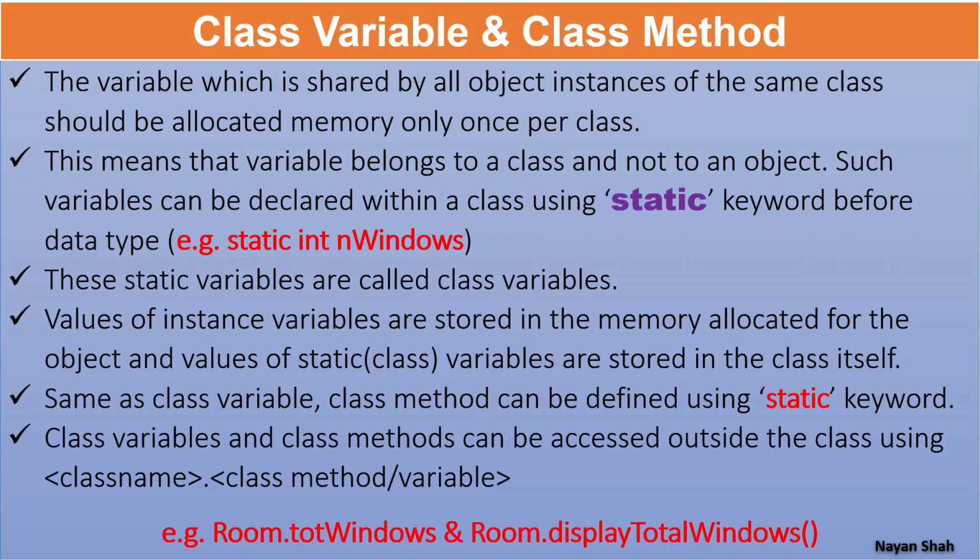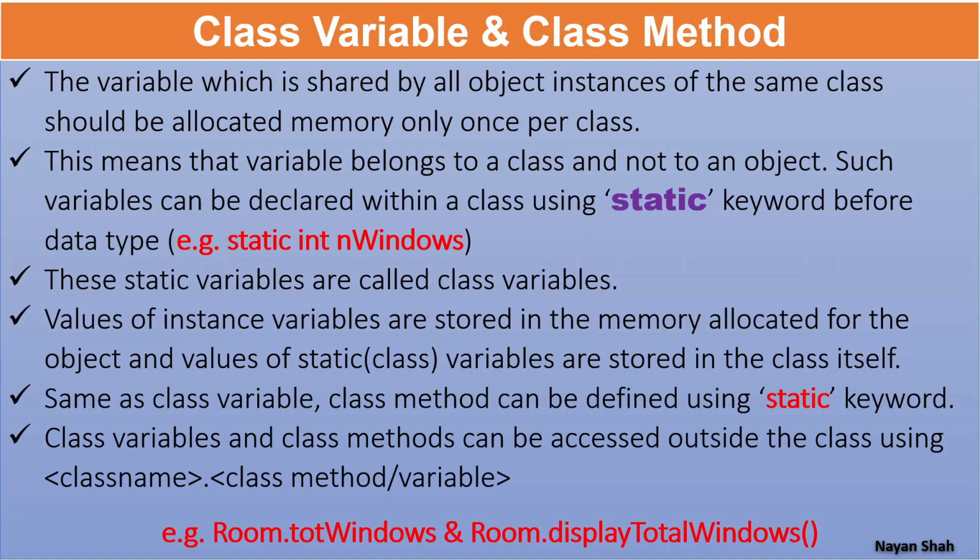Same as a class variable, a class method can also be defined using the static keyword. So class variables and class methods can be specified using the static keyword before that variable name or before that method name.